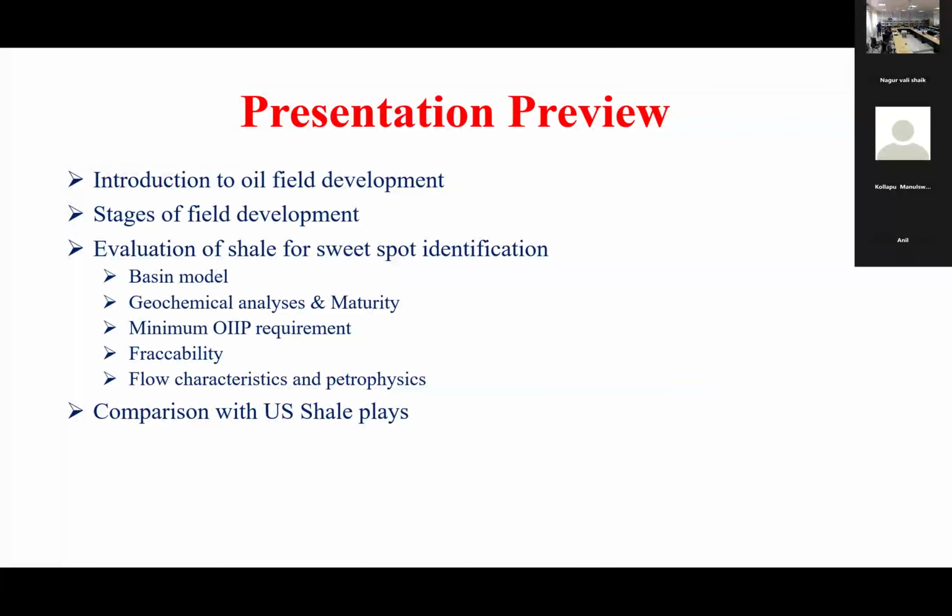The introduction to oil field development, as we are talking about the oil itself. Then the stages of field development, then evaluation of shale for sweet spot identification, which is very important for development of the field, and then comparison with some shale plays in the USA which are successful.